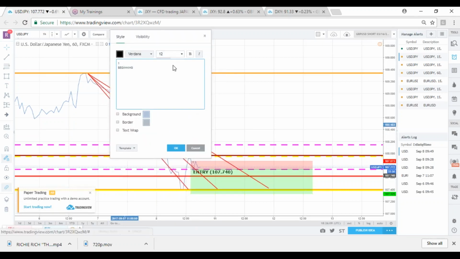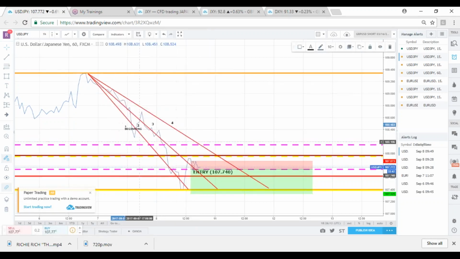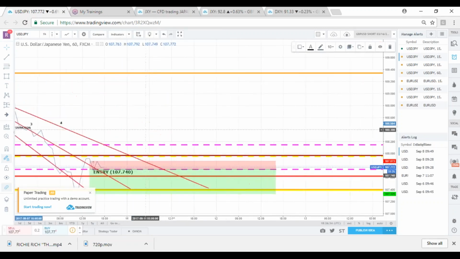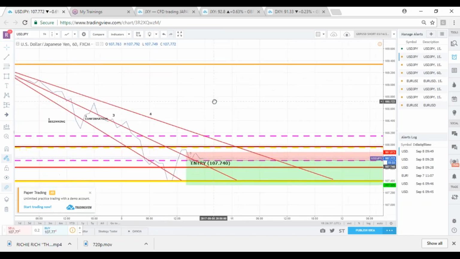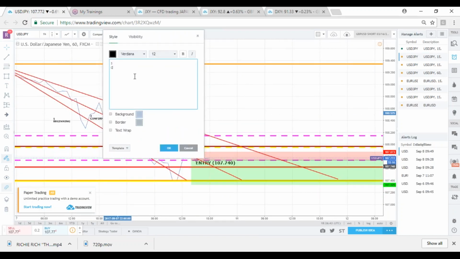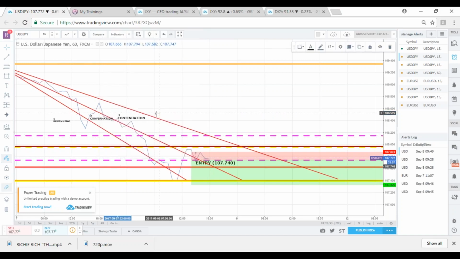Zone two is the confirmation. Zone three is the continuation. And zone four is the end.